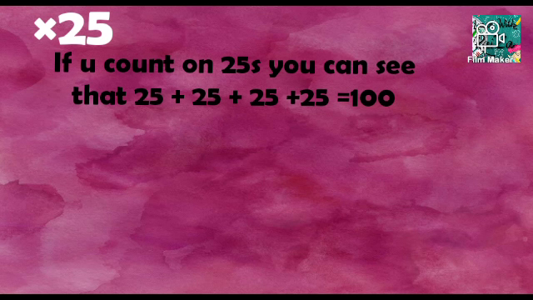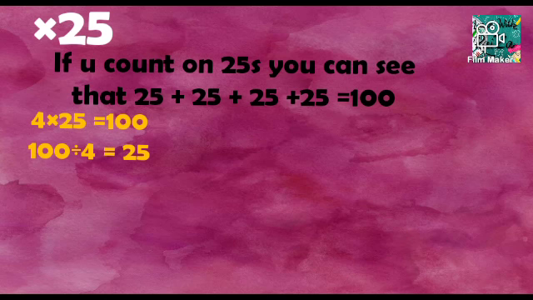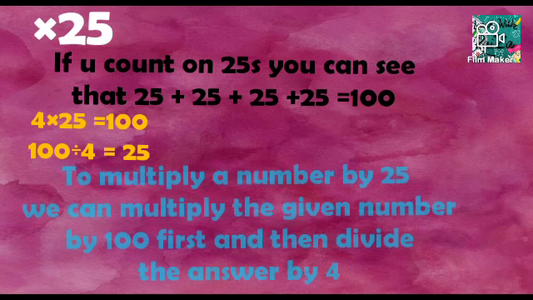So 4 times 25 is equal to 100, and I can also say it the other way as 100 divided by 4 is equal to 25. So students, to multiply by 25, we can multiply by 100 and then divide the answer by 4. I'll repeat, to multiply a number by 25, we can multiply the given number by 100 first and then divide the answer we get by 4.